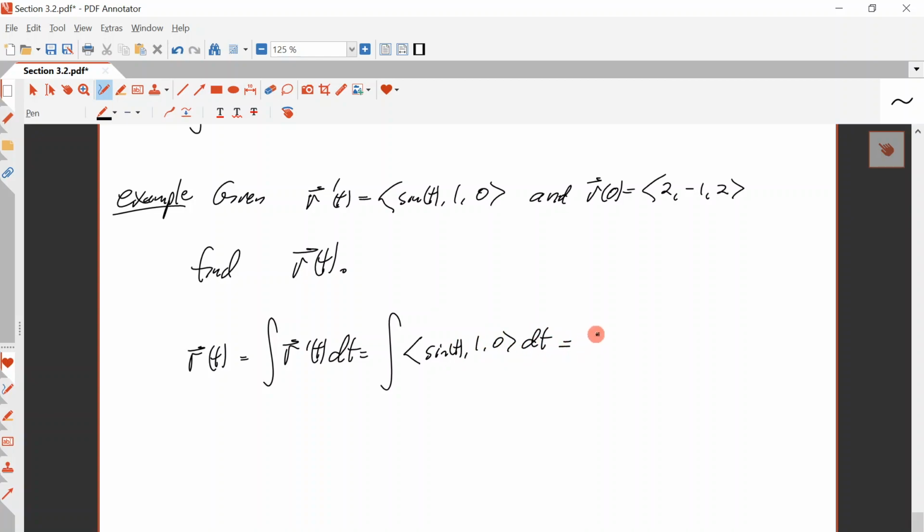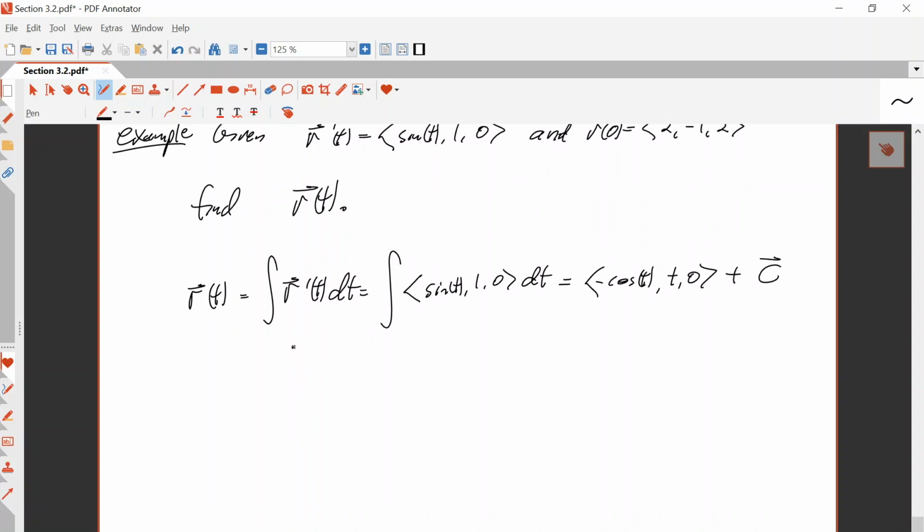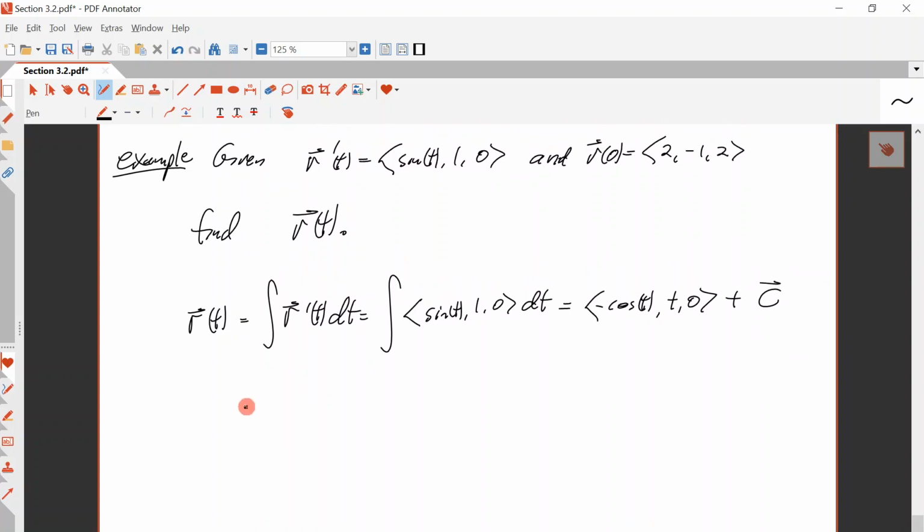This is equal to, antiderivative of sine is minus cosine t. Antiderivative of 1 is t. Antiderivative of 0 is 0, plus your arbitrary constant. But you need an arbitrary constant in the x component, y component, and z component. So your arbitrary constant is a vector quantity rather than just a scalar term.